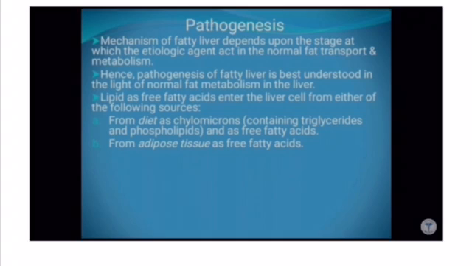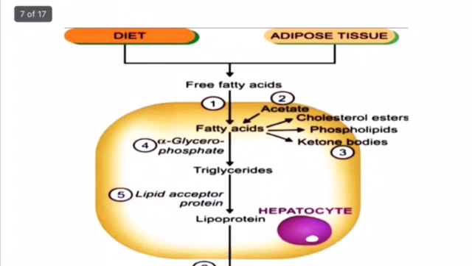Lipid as free fatty acid enters the liver cell from either of the following sources. First one, from diet as chylomicrons containing triglycerides and phospholipids, or as free fatty acids from adipose tissues as well. Here is a graphical representation.